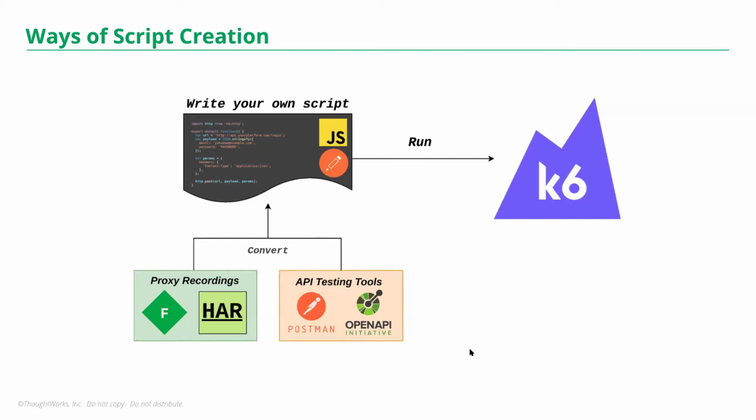There are different generators provided by k6, for example Postman to k6 generator, OpenAPI generator, and HAR. So if you have recorded the API calls in HAR format or through Fiddler, you can use the HAR to k6 generator or Fiddler to k6 generator.